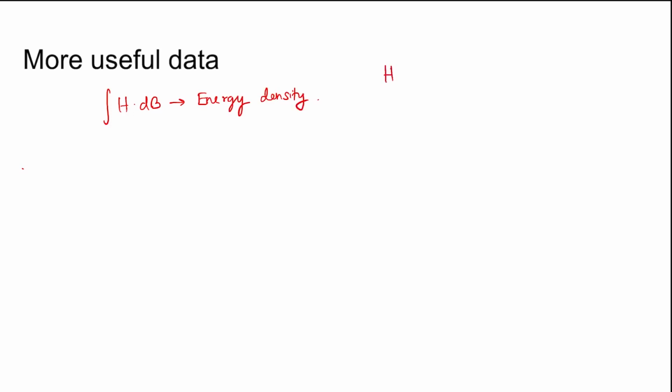Now H equal to Ni by Lm, and dB equal to d phi by A. Now N phi equal to Li, N d phi equal to L di.